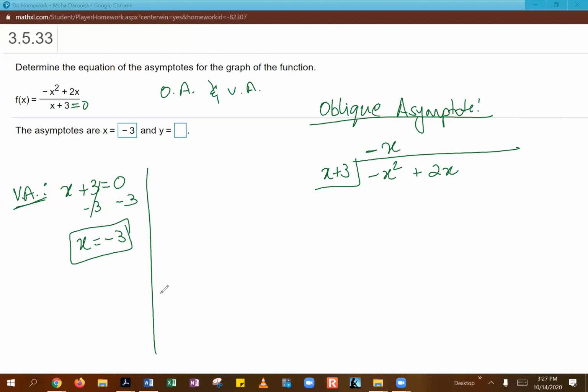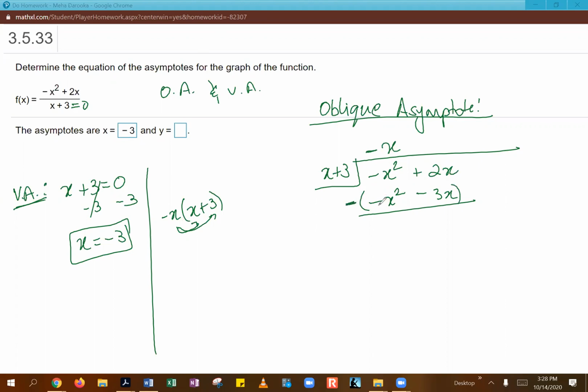And then remember how I told you, you take that negative x from our quotient and multiply it with our divisor, x plus 3. When we distribute, we end up getting negative x squared, negative 3x. And then with long division, we always end up subtracting at this point.